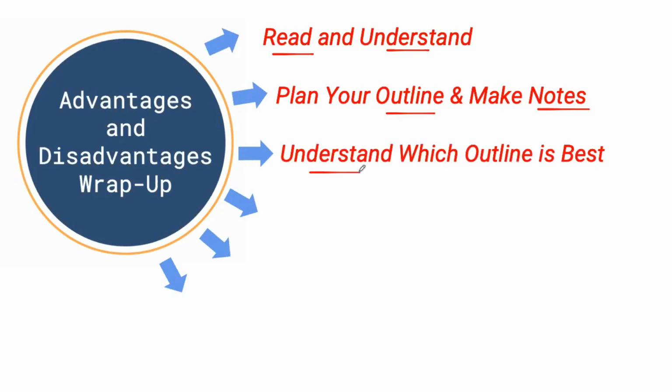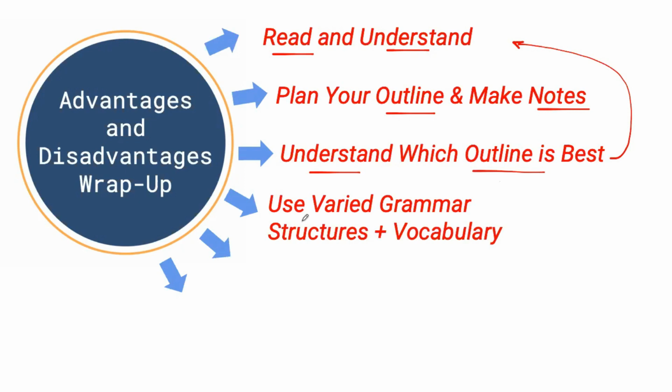Then you want to understand which outline is best, and this relates to this topic right here. If you know that you have the second type where you have to talk about which outweighs which, like we did today, you'll understand which outline is best and how many paragraphs you should include.